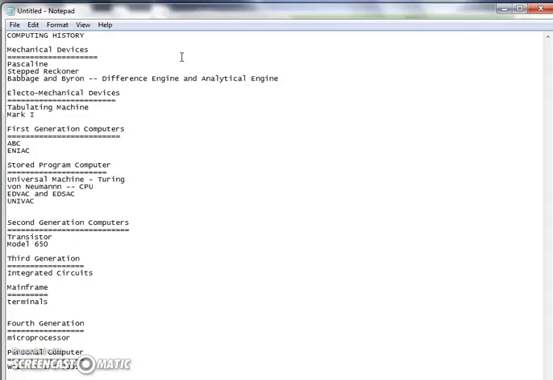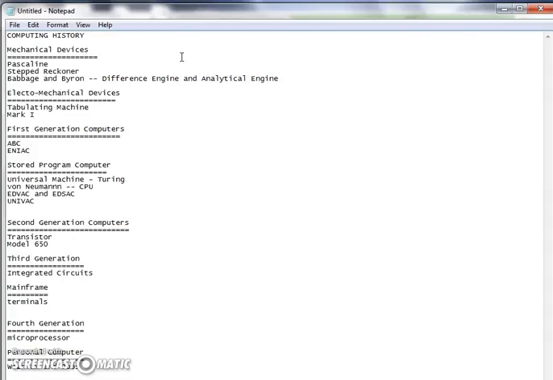And then we moved into 2 of the most important people in the 1800s, Babbage and Byron, who had the idea of the difference engine and the analytical engine, which were devices that were never built. They were just drawn out and they talked about them. And they proposed a stored program computer. The idea that you could put the instructions together, run the instructions over and over, that the computer could make decisions.